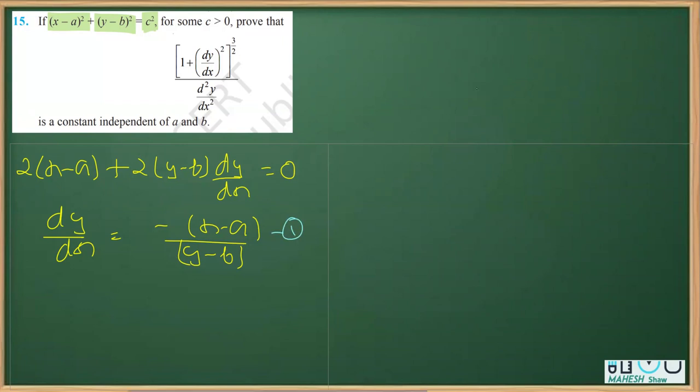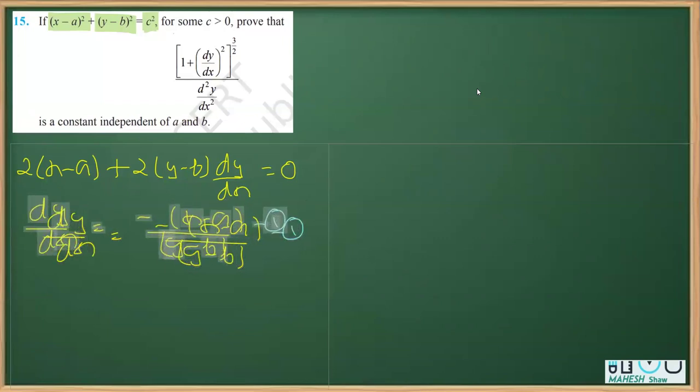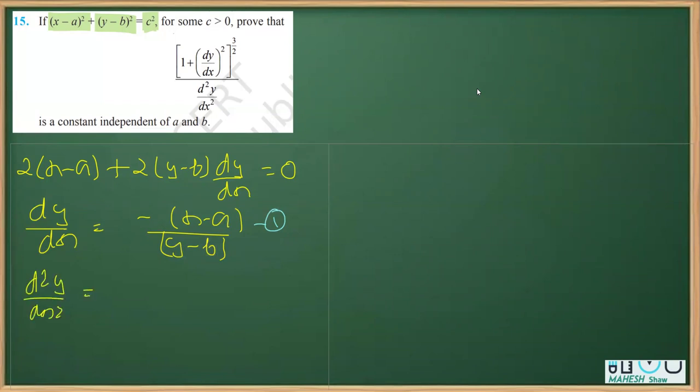Now we'll be finding the second order derivative here. Differentiating this with respect to x again is going to be d square y by dx square. Here I'm going to apply the quotient rule. So the differentiation of numerator, that is u, is 1, say, and denominator, that is v, is this.